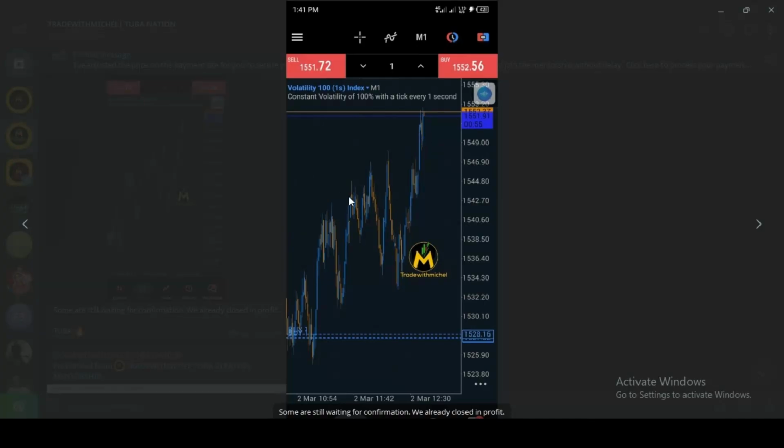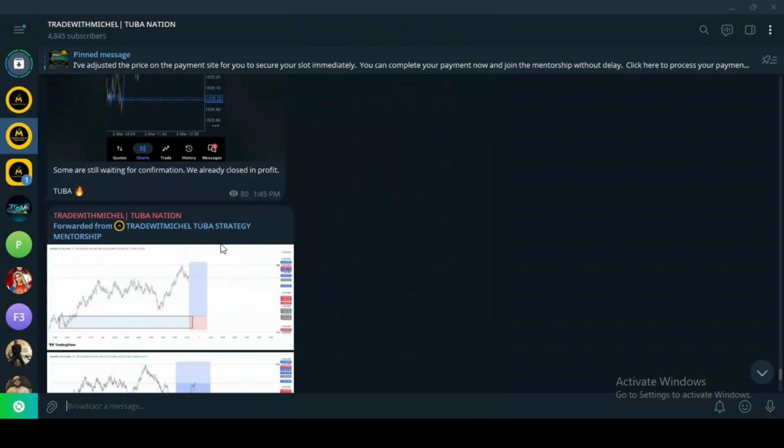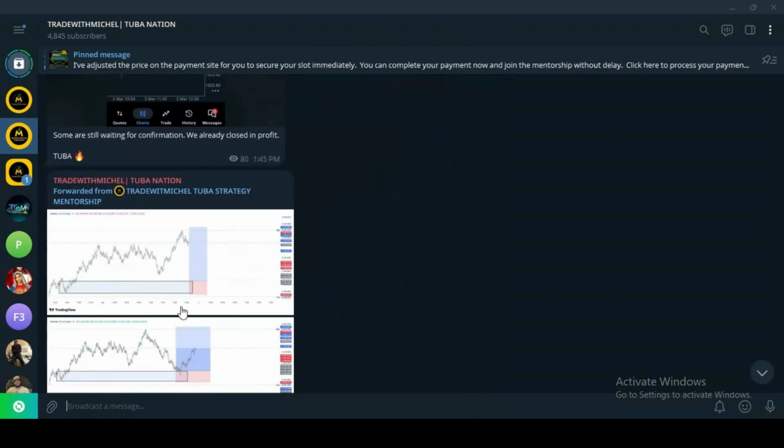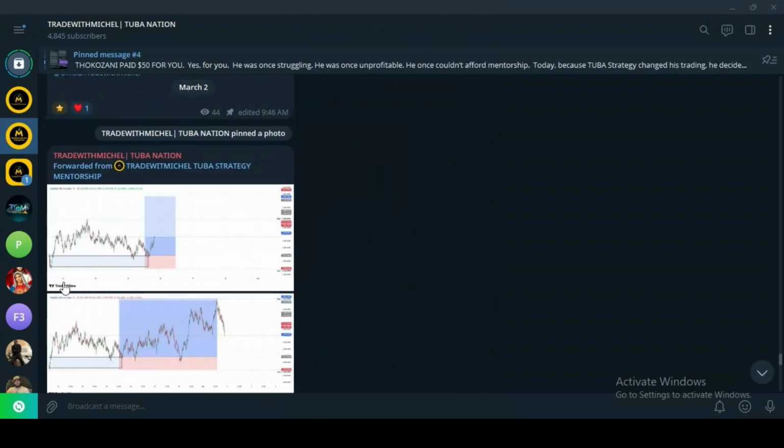Though I have secured some profit, I'm going to show you everything step by step. These are other trades, I will talk about these ones later, but I want to focus more on this Volatility 100 1x index. In this analysis, I'm going to tell you the breakdown and how to spot it.